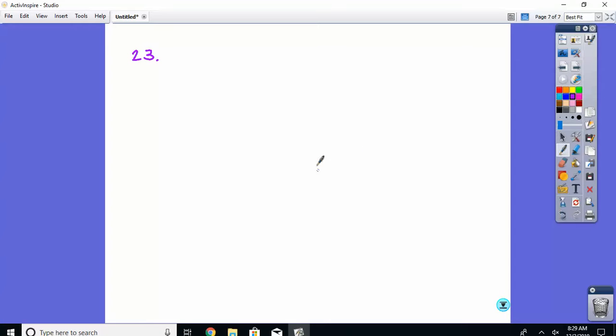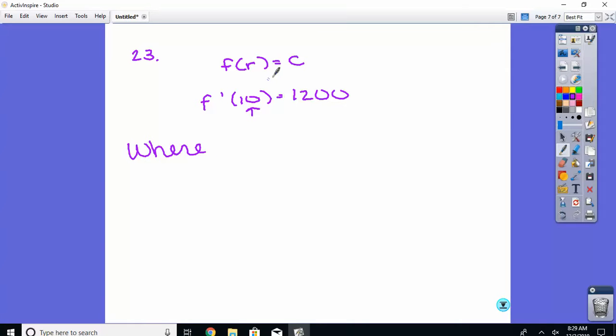We know F of R is equal to C. R is your rate and C is your cost. So when I ask you for F prime of 10, what's the 10 represent? 10 is the R, and R is the rate.